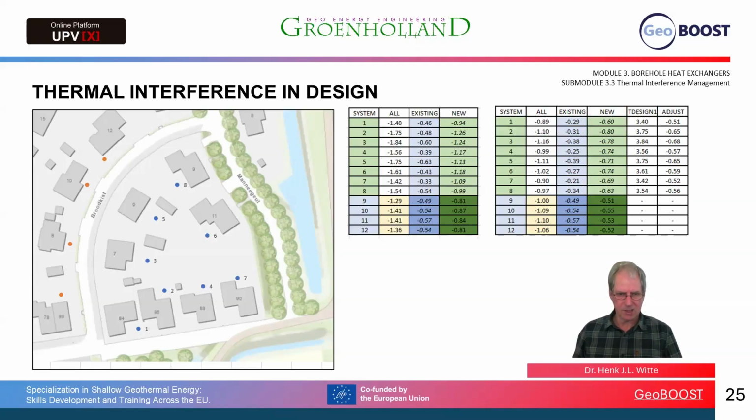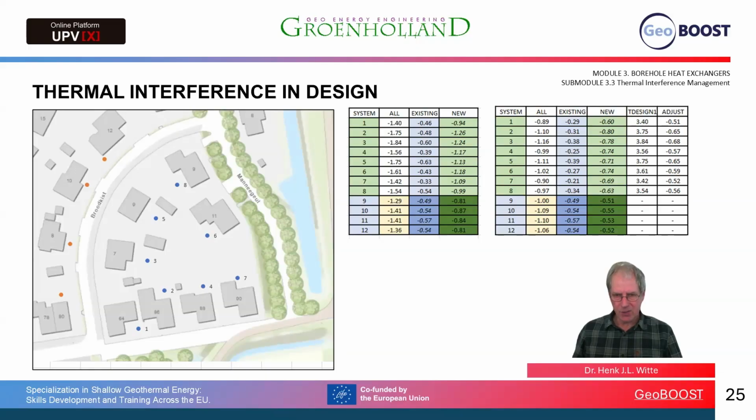So the existing systems on system 1 have a total effect of minus 0.46, and the new systems themselves, so systems 2 until 8, have a total temperature effect of 0.94 Kelvin on system number 1.